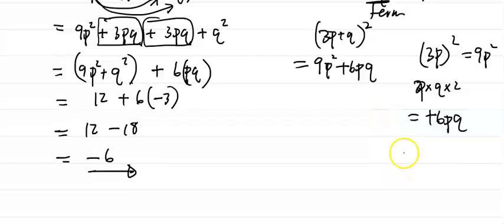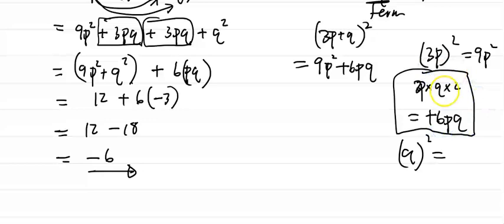Now remember, when you square something, the result is always positive. So the signs don't matter for the first and the third step. However, remember that signs matter for the second step. That's very important, so make sure you understand that. So here we'll have positive q squared.